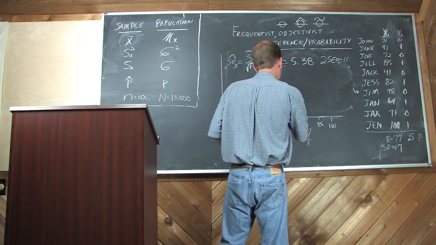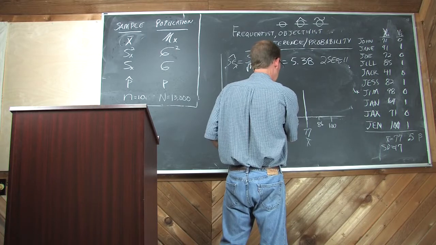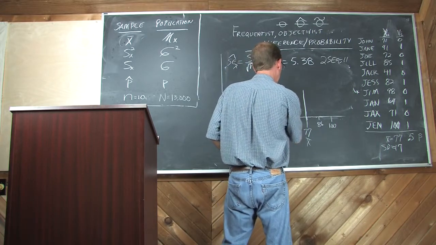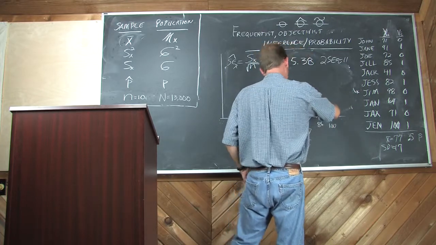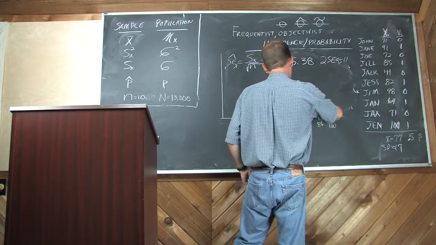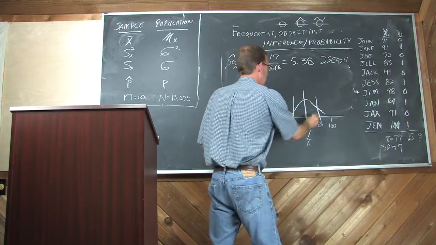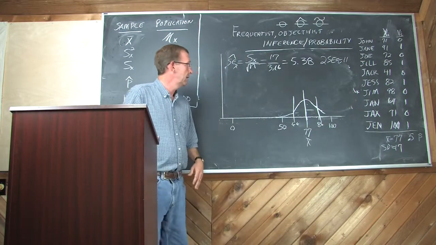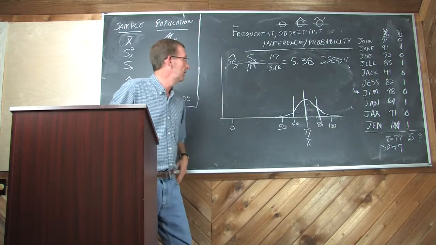And the normal curve around these is going to look something like this. And 95% of the area is in here. Not too bad, artistically, for a very challenged person.